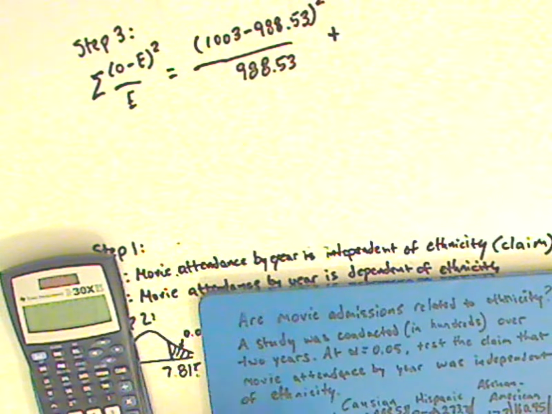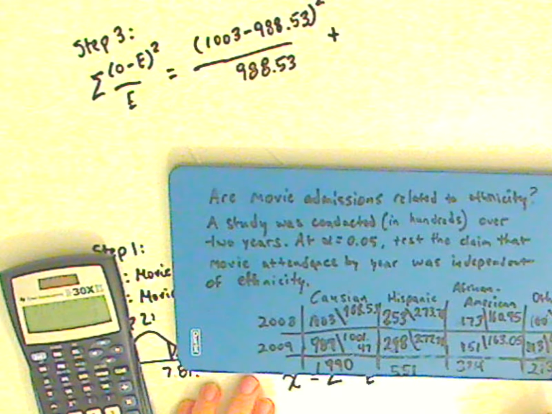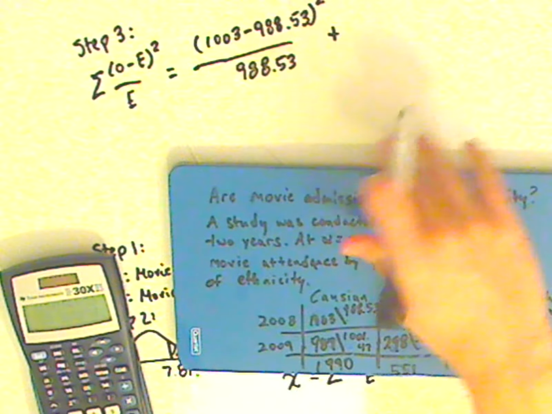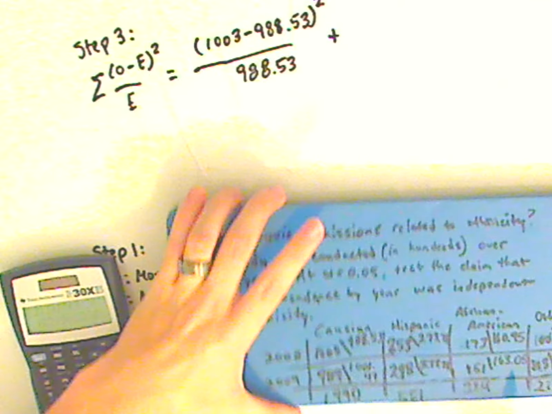And you want to do it in a systematic way. So I would either go across like this or do it by column, because you want to make sure that you have all of them. And then you can count the squares, and there's 8 of them.